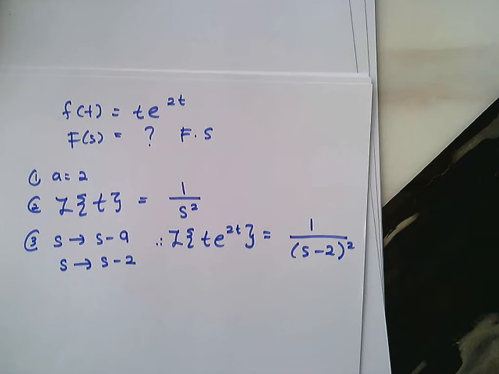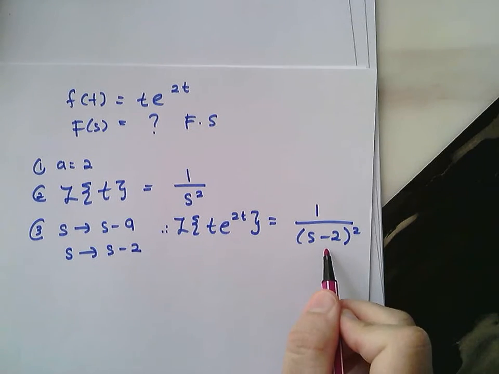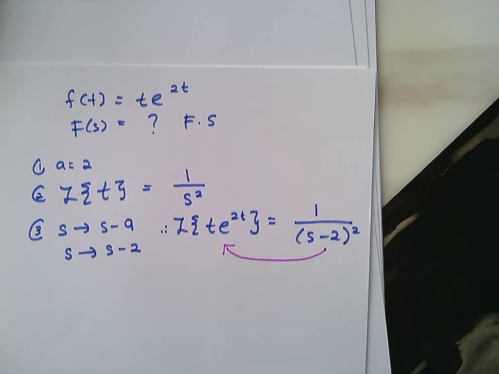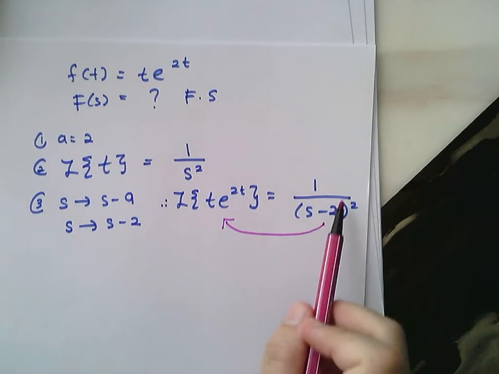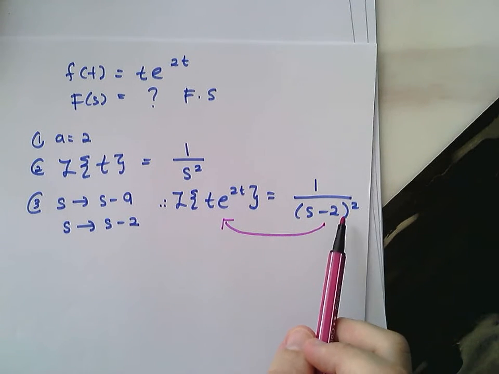For the first shift property of inverse Laplace transform, we are doing the reverse process from here to get this function f(t). As you can see here, your F(s) is in terms of s minus a.